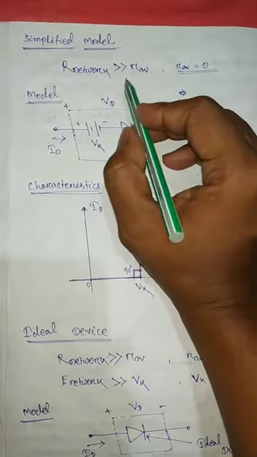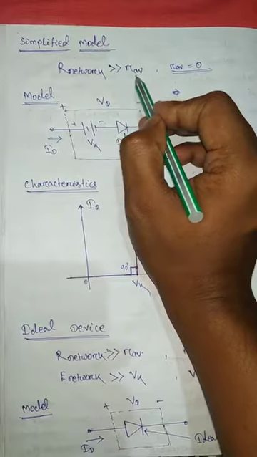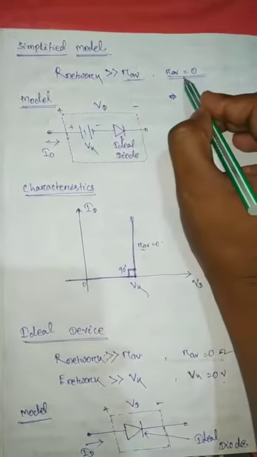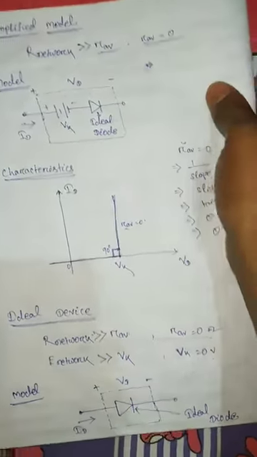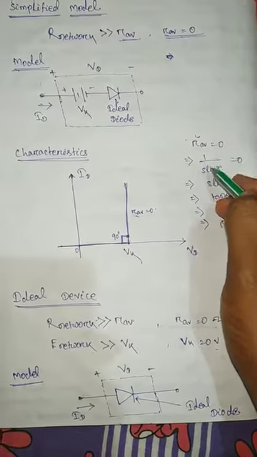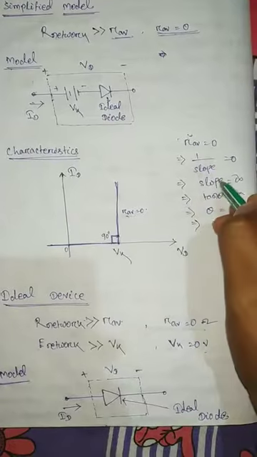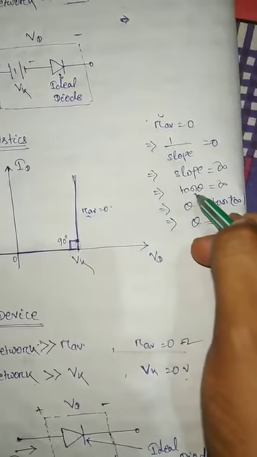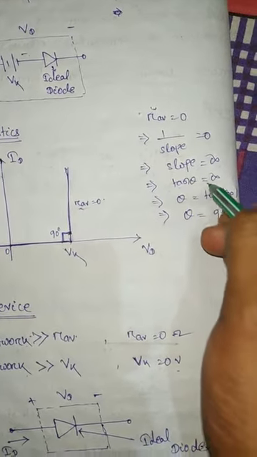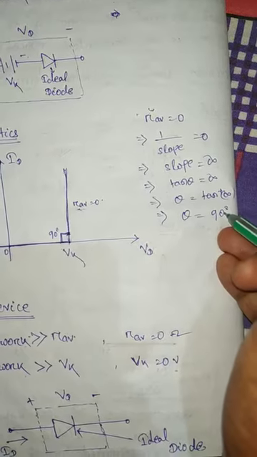We assume that the resistance provided by the network is much greater than the average resistance of the diode. If the average resistance is 0, we know that the average resistance is 1 by slope, so 1 by slope equals 0, so the slope is infinite. So tan theta is infinite, so theta equals tan inverse of infinity, that is, theta equals 90 degrees.